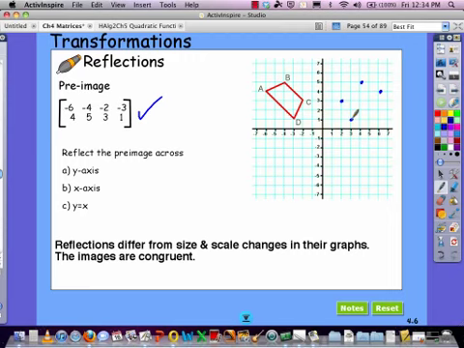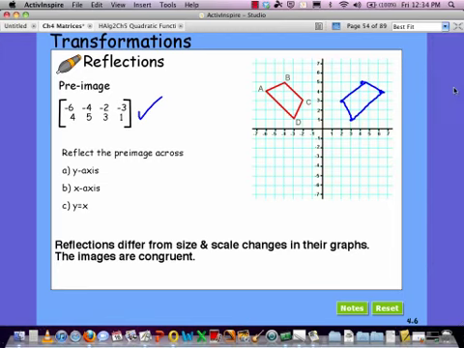And if you then connect as smooth as you can, you would have your reflected image over the y-axis. You can do that all the way through. Should be able to do the quick moves.